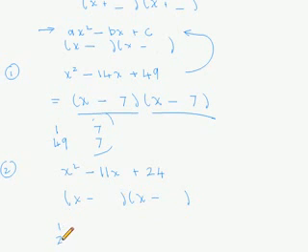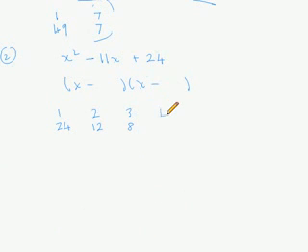We have 1 and 24, 2 and 12, 3 and 8, 4 and 6. They all multiply: 1 times 24 is 24, 2 times 12 is 24, 3 eights are 24, and 4 sixes are 24.